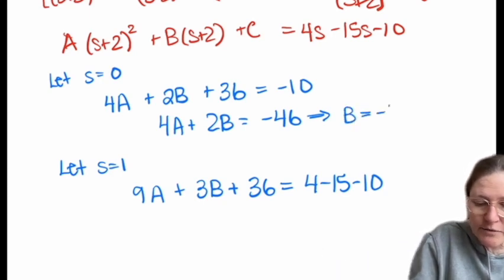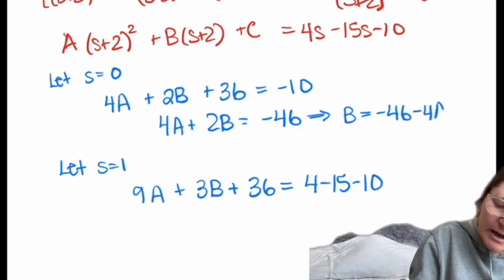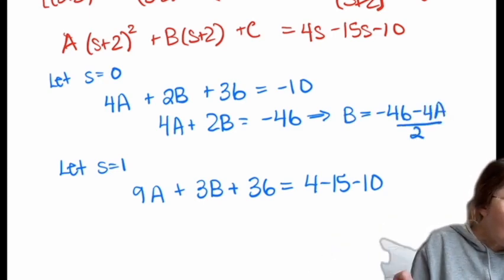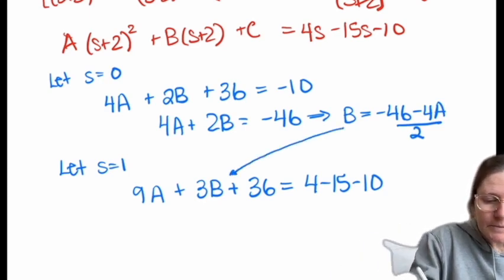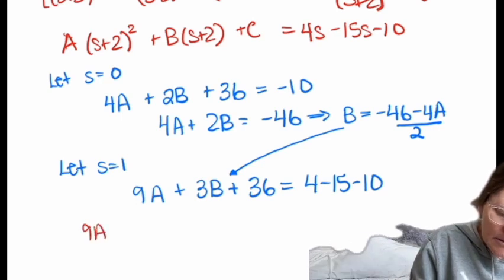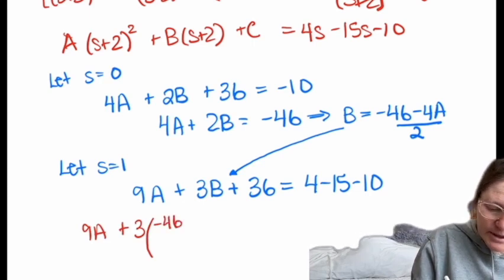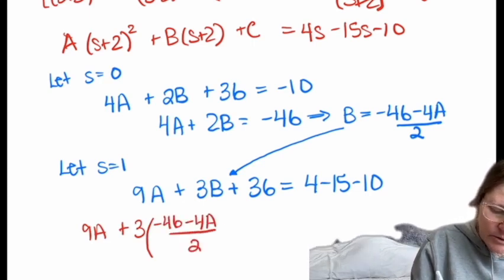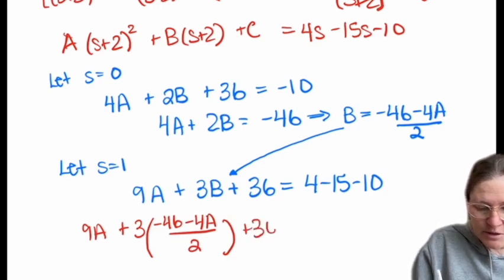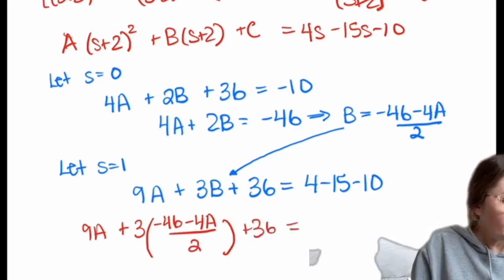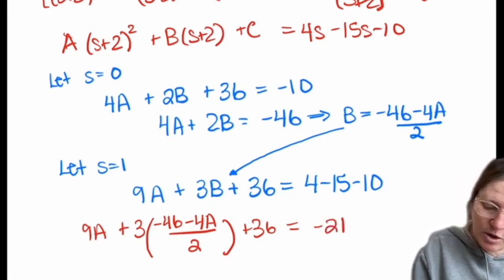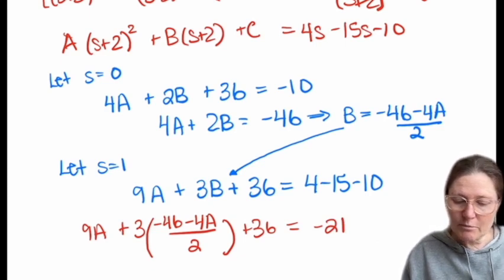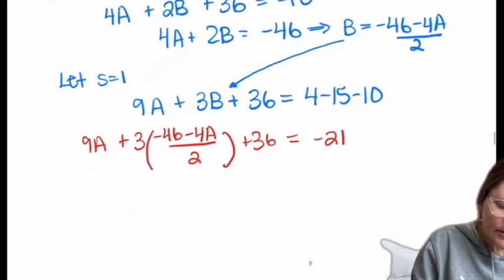It would be b equals minus 46 minus 4a over 2. And then I can plug that b in here. That would be 9a plus 3 times minus 46 minus 4a over 2, plus 36 equal to, what is this? 4 minus 15 minus 10 is minus 21. And then I can solve these for a.